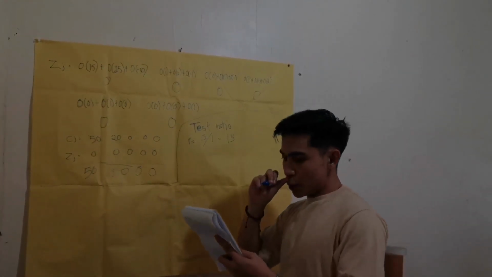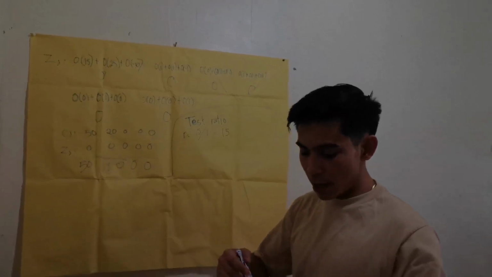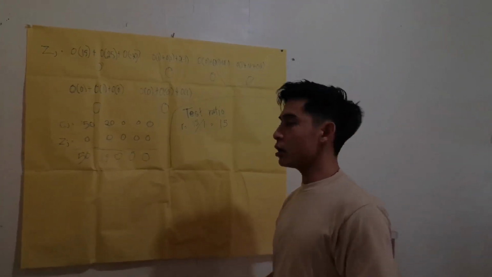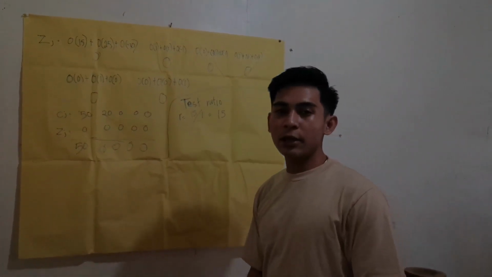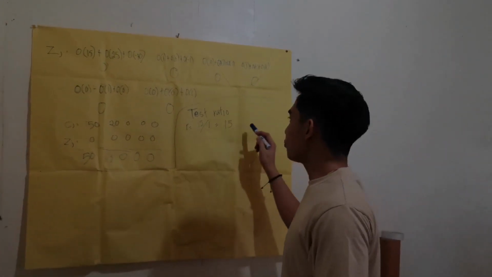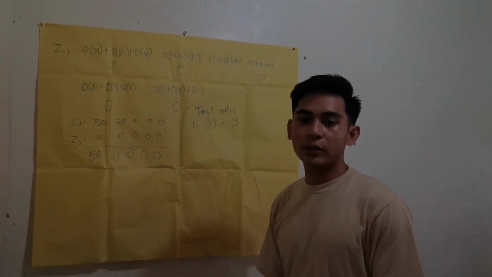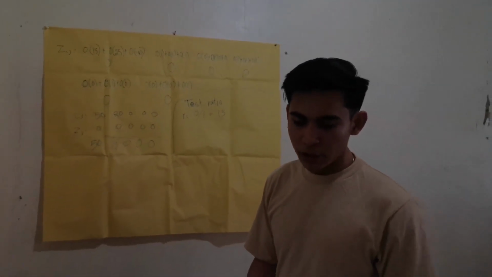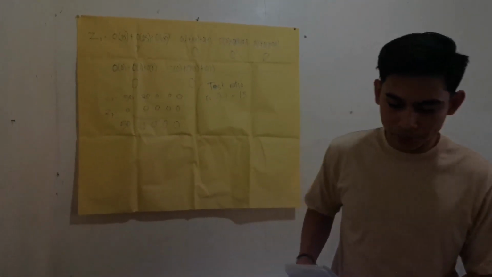So, ganyan lang yung pagkuha sa pivot row. I-divide natin yun. And yung pinakamaliit na test ratio is yun yung pivot row natin. But madali lang din pag ma-identify mo na non-negative or non-zero siya.